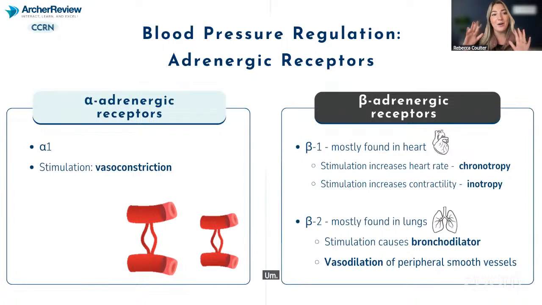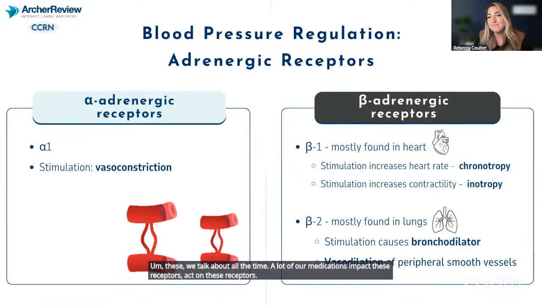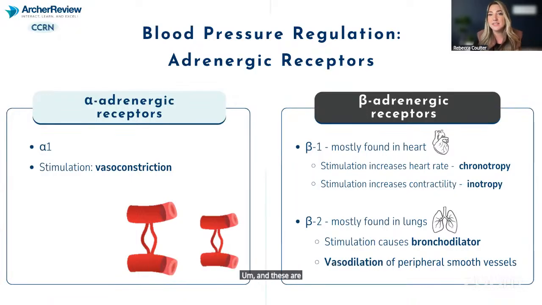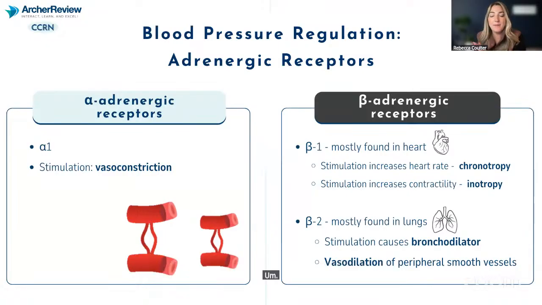We talk about these all the time. A lot of our medications act on these receptors, and these are receptors that are acted on by our normal body functions as well. So our medications just simulate impacts that can occur naturally.